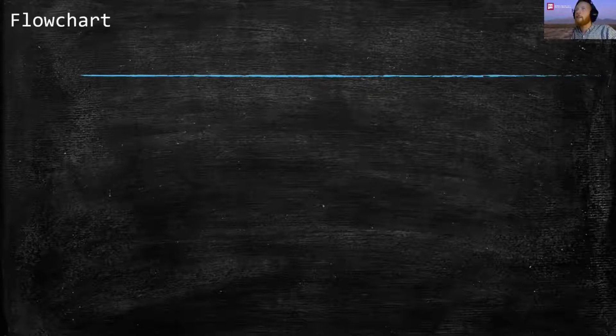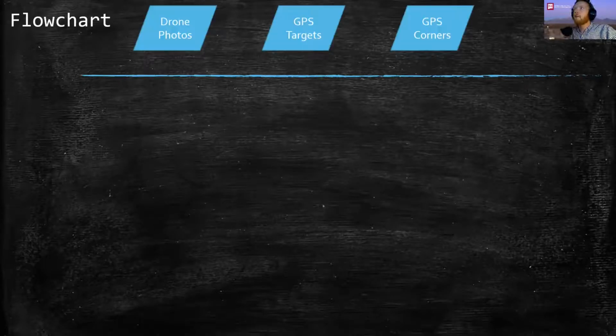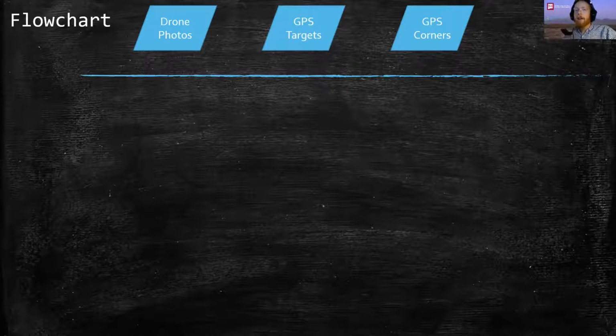Normally, I like to start these with an objective slide, but since we're doing a lot of data processing, I think more or less a flow chart helps. So we start with our inputs. We have our drone photos and our GPS points from the corners of the fields, as well as the GPS targets.